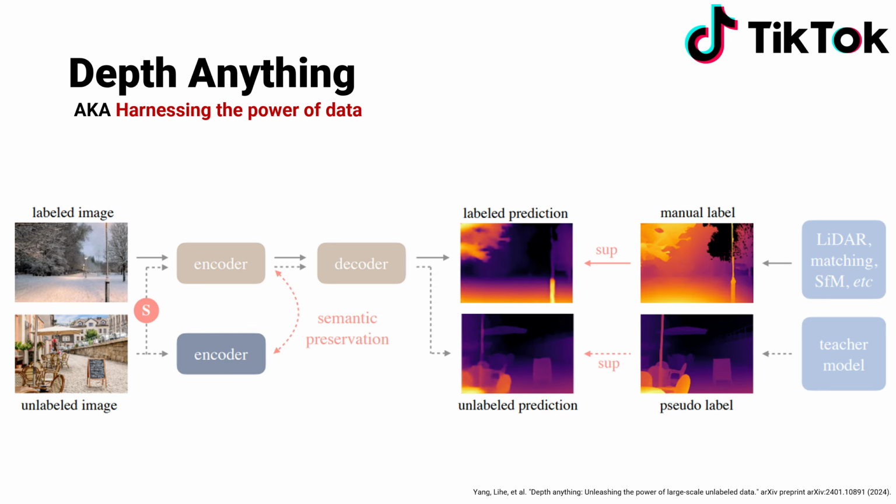And doing this and combining this with pseudo labels from LiDAR matching or structure from motion and so forth, we train this with a lot of data because we can have some amount of labeled data and a lot of unlabeled data. This works really well. And just to recap, the semantic preservation happens through a feature alignment loss, which we just saw. This is great.